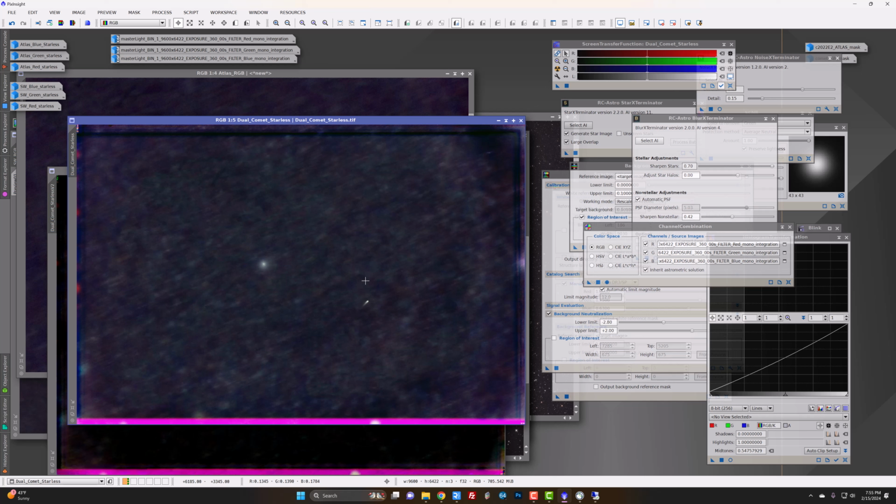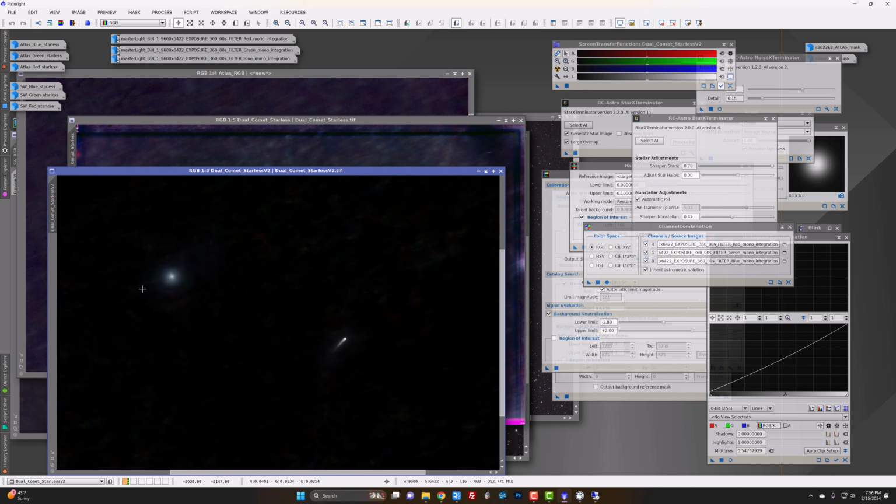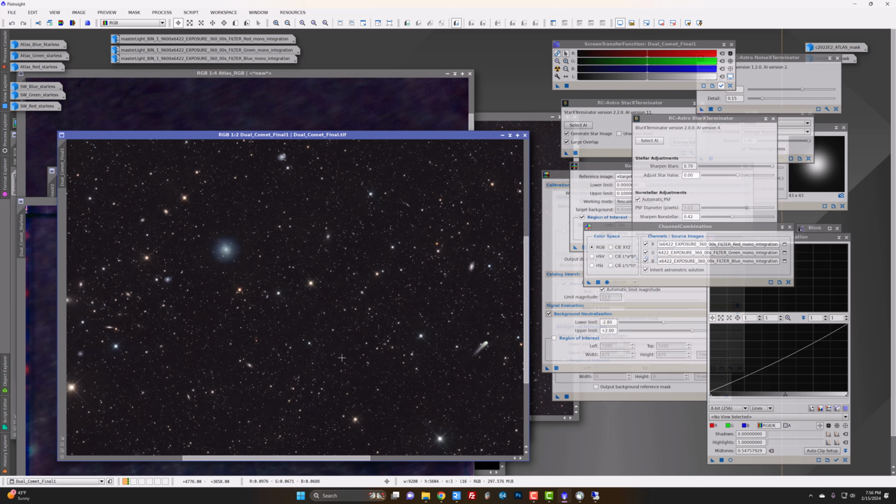So there is another method that will take advantage of the fact that the motions of these two comets are different, so the background is different, and you try to basically threshold it in such a way that we're just getting the comets, at least as much of them as we can, and then, of course, you do the final blend, which is to put them in the frame with the stars only data.